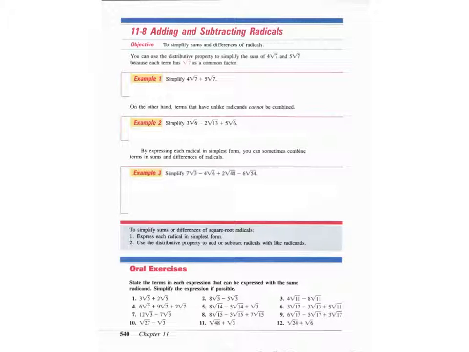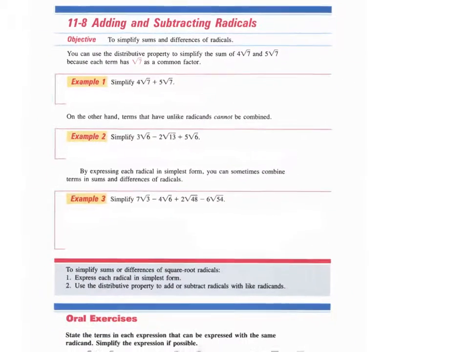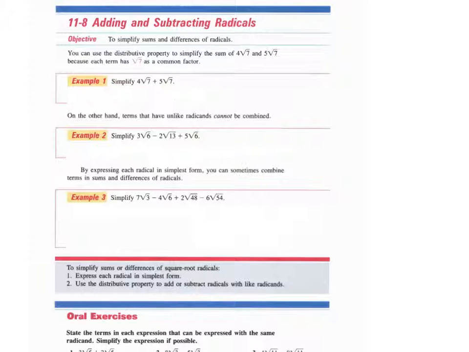Now, what we're going to be doing here is I want you to think about the radicals similar to variables. So for example, for number 1, what we could do is treat this 4 square root 7 plus 5 square root 7 sort of like a 4x plus a 5x, and think of the square root 7 as your x's.